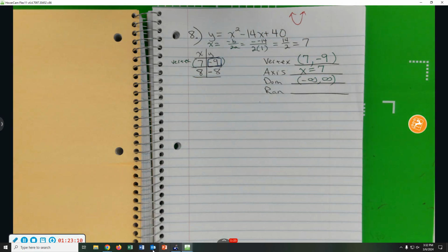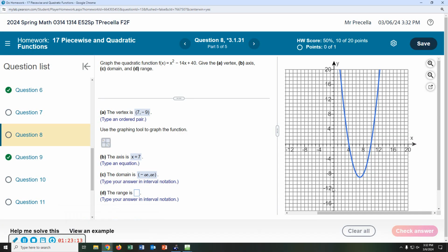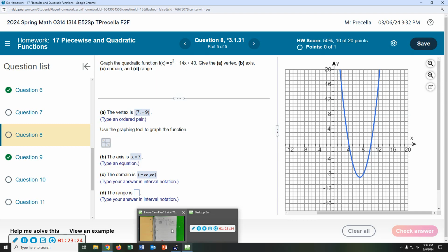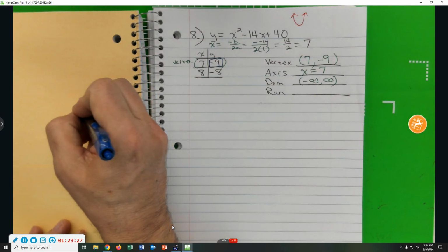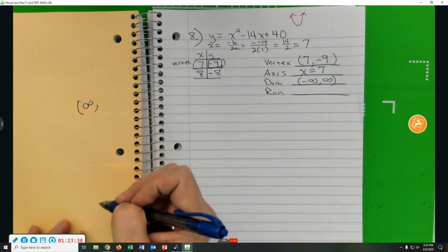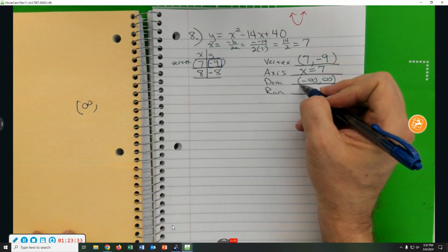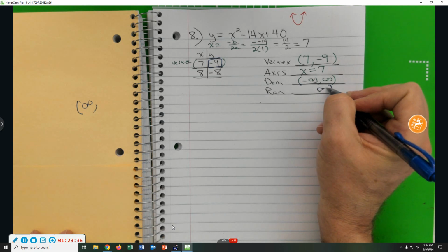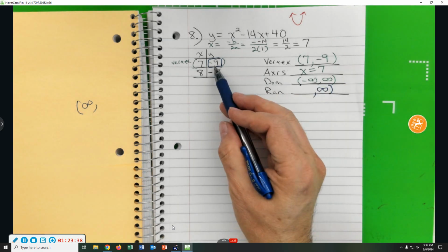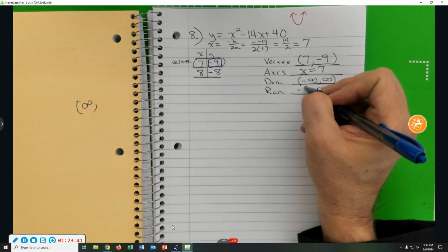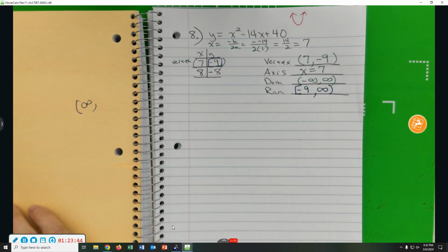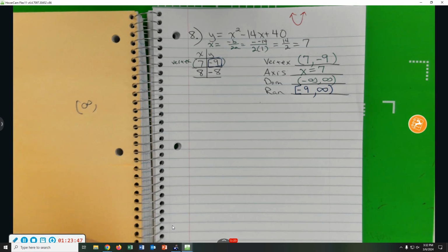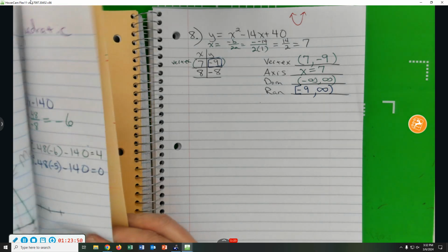Now when I look at this graph, is the range going to involve infinity or negative infinity? Infinity is the bigger concept, so I know infinity can't go first. There's never a time you're going to be writing parentheses, positive infinity, and something else. The infinity has to go second, and the smallest y value is -9 with the bracket.